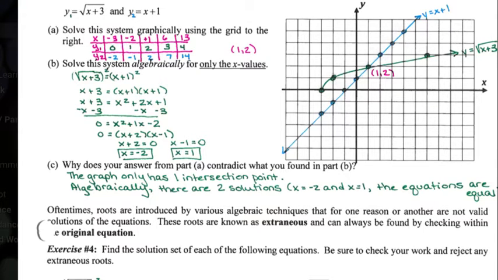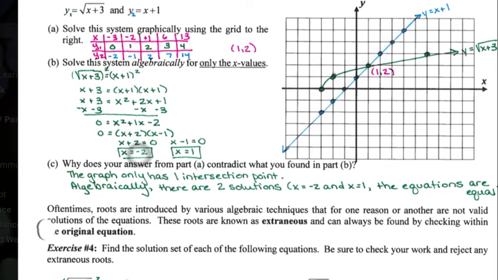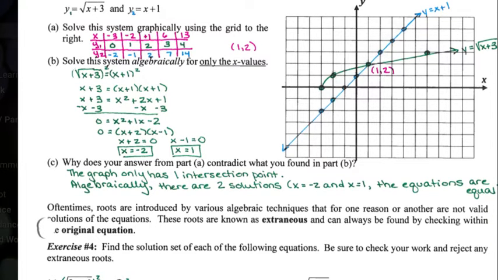This one right here, we would have to reject. And this is called extraneous because we introduced another x in our equation. We didn't do it incorrectly. We used mathematical rules, but we introduced an extra answer that actually doesn't work.